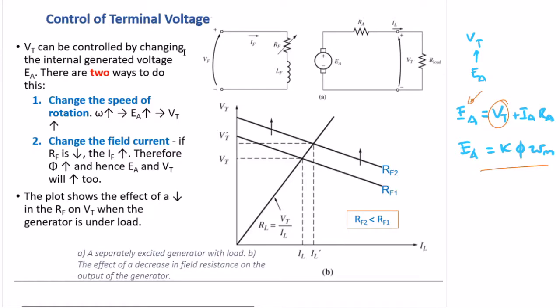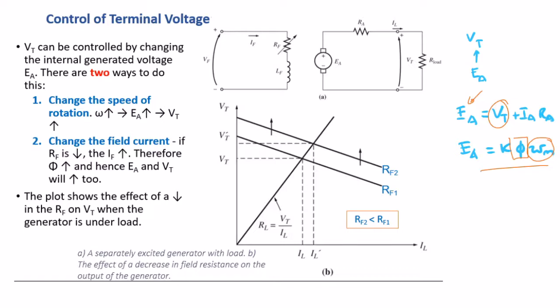And then how do we change EA? How do we adjust EA? We can see the second equation here, that we can achieve it by changing either the flux or the speed. We cannot change the K because K is constant, and it just depends on the design of the machine.